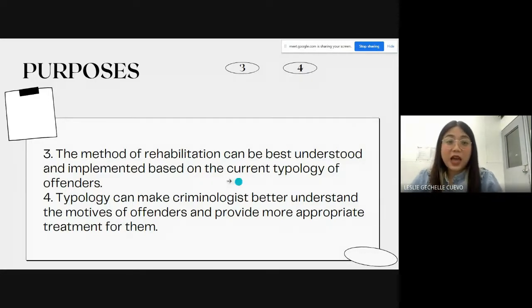Okay. Kaya, mahalaga na nakakategorize sila or merong typology yung crimes para mas makapagbigay ng tamang treatment doon sa mga offenders natin or doon sa mga criminals. Because, again, balikan natin sinabi natin kanina, walang one size fits all na treatment.